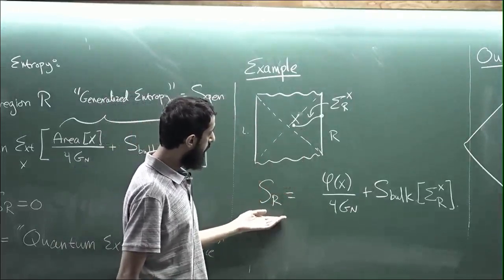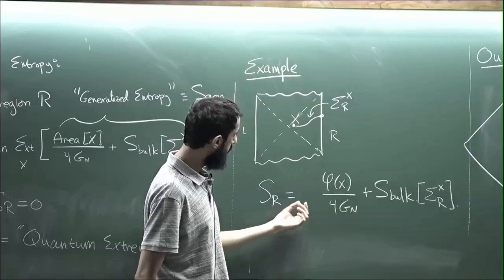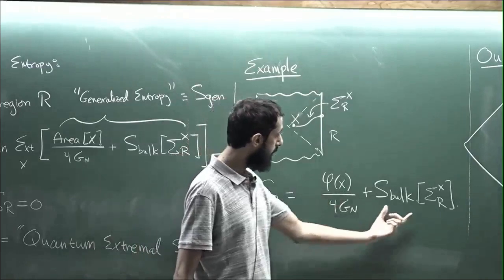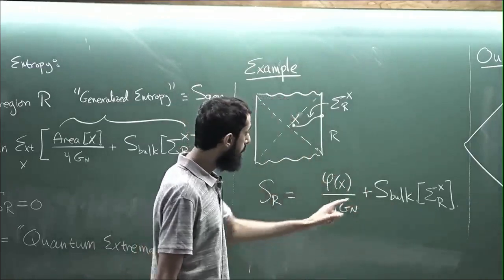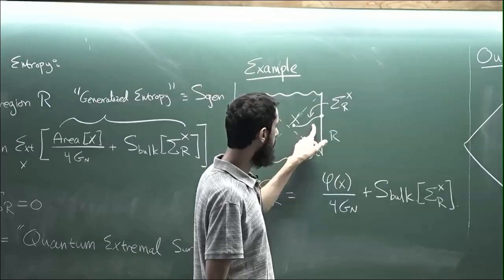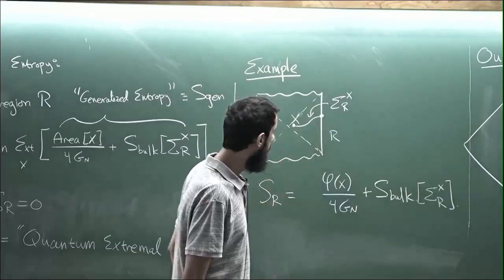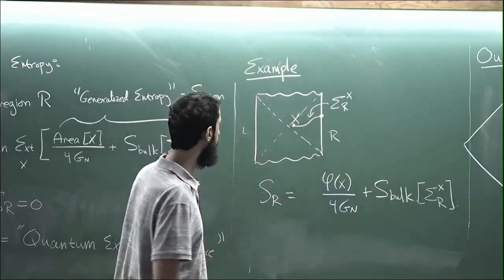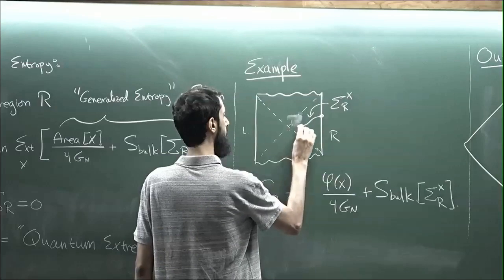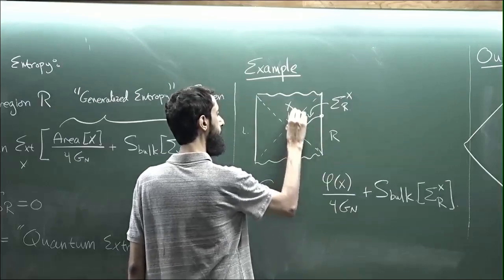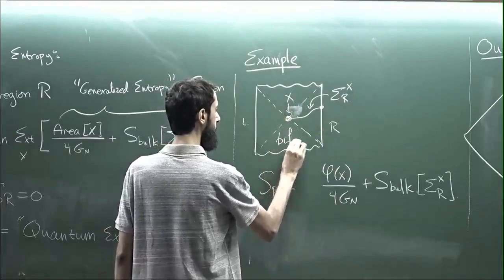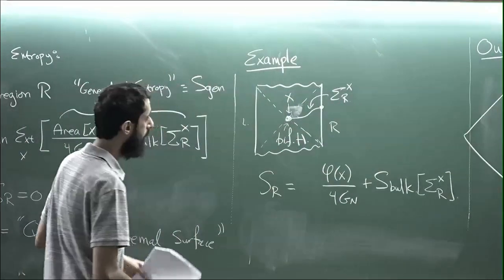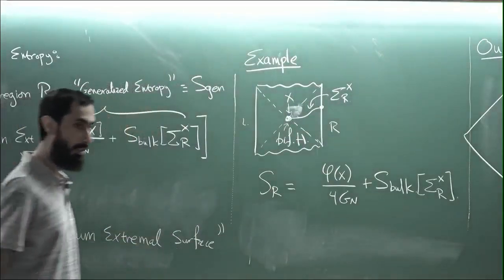In two dimensions, the generalized entropy is given by the area, which in this case is the dilaton divided by 4 G Newton at some location x, plus the bulk entanglement entropy of the subregion Σ_Rx. You move x around until you extremize this functional, and you'll find that the surface that extremizes it is the bifurcate horizon. So it gives you what you expect.